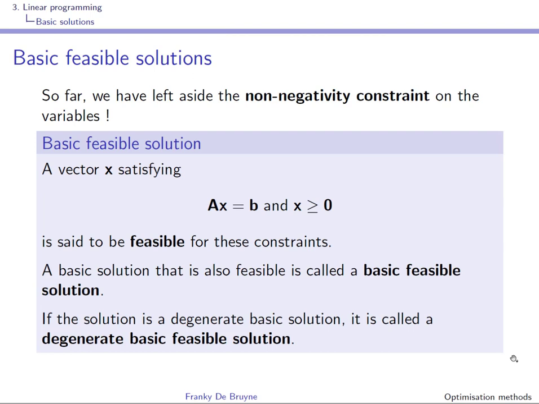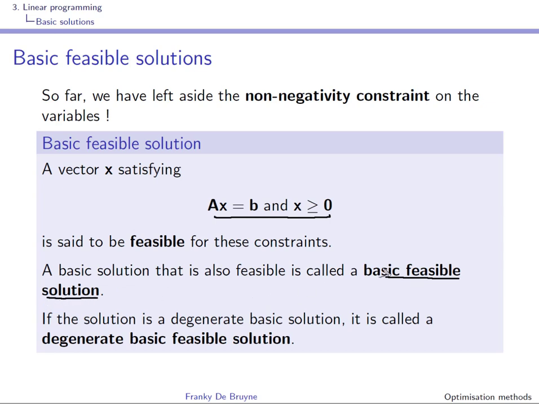So far we have left aside the non-negativity constraint, but we remember that in our linear program we have Ax is equal to b and x larger or equal to 0, so x is non-negative. So we can still speak about basic solutions, but if you have a basic solution and all components are non-negative, then we speak of a basic feasible solution, right?